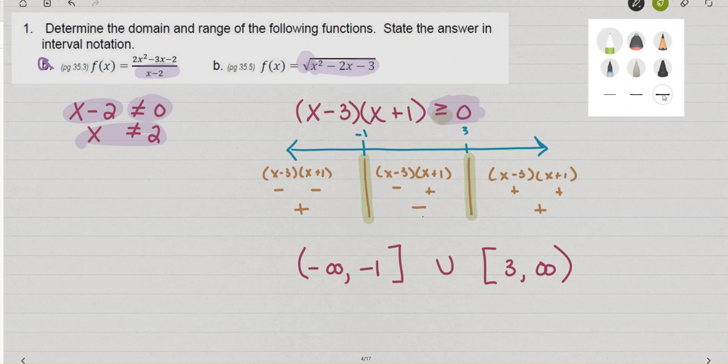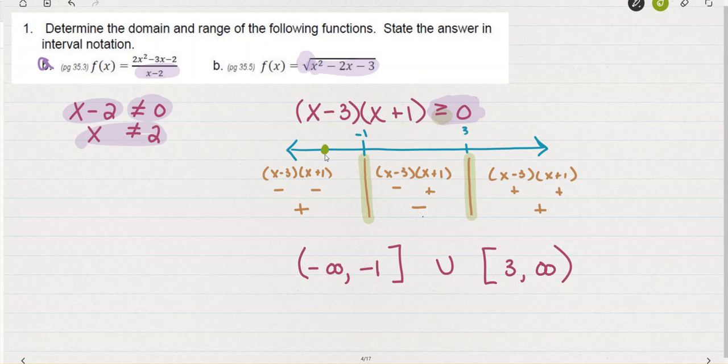When I take a test point, so I could take any point on this interval from -infinity to -1, let's just say -100, any point in that interval. I don't care what the result is exactly, I'm just concerned with whether it's positive or negative. -100 minus 3 is going to give us a negative. -100 plus 1 still gives us negative, and when I multiply those, I get positive.